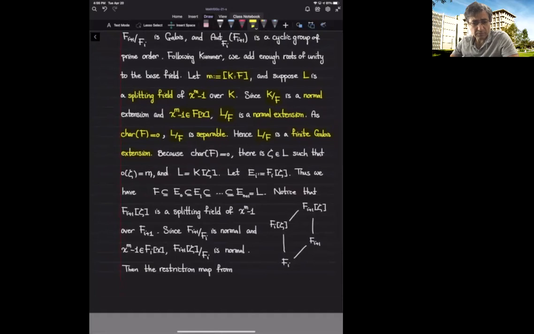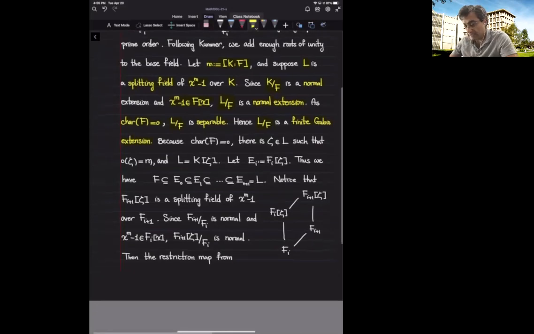Using results from group theory, in this abelian group there are at most d elements with the property that a to the d is the identity, and we showed that such a finite group is always cyclic. So we deduced that L has a cyclic subgroup of order m.